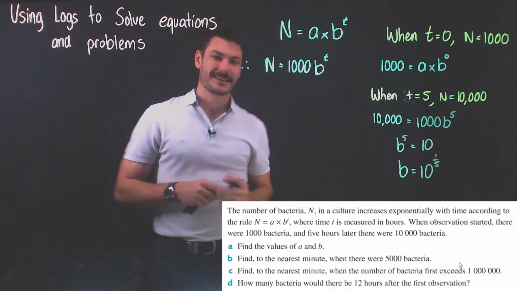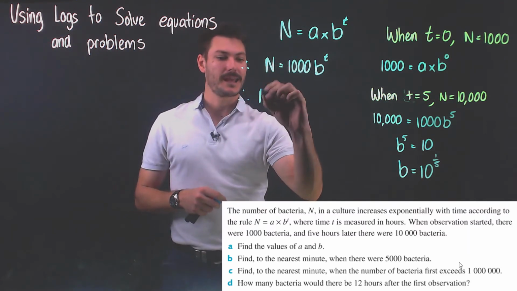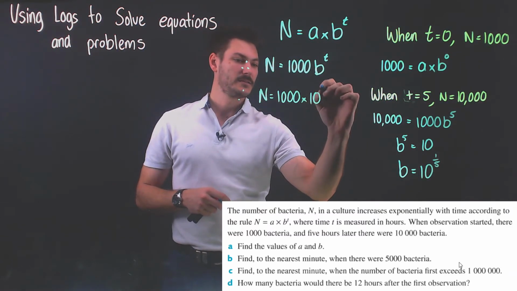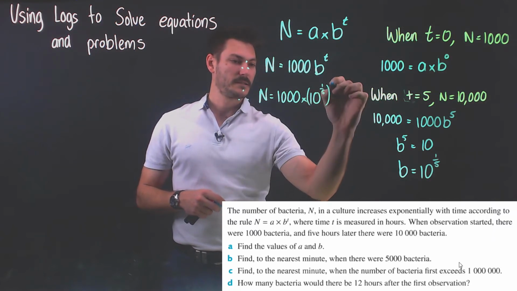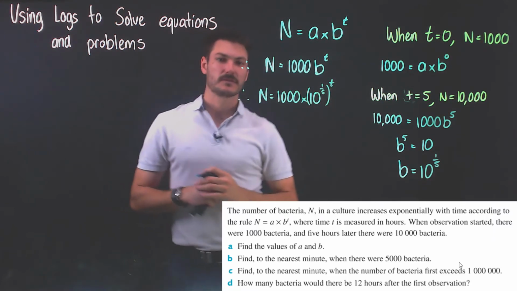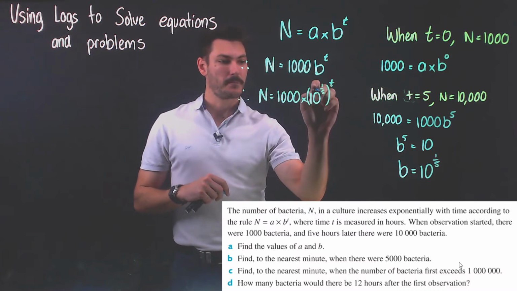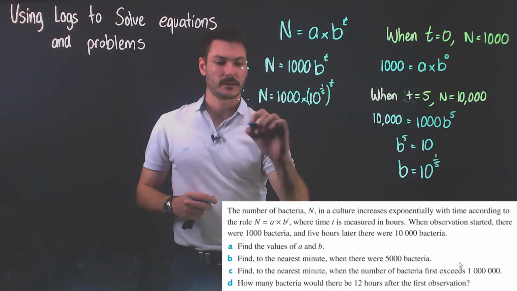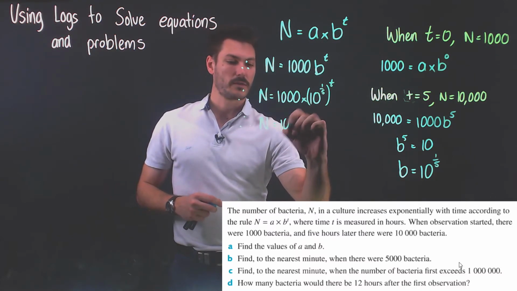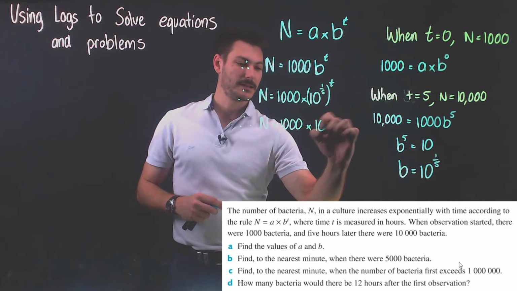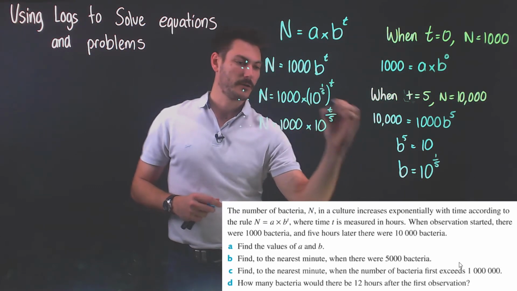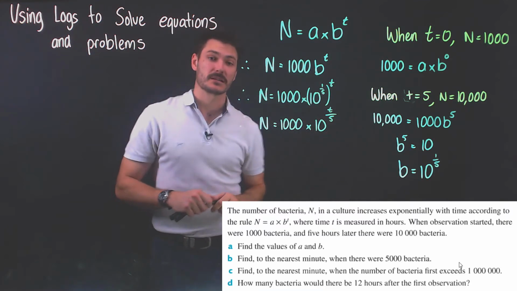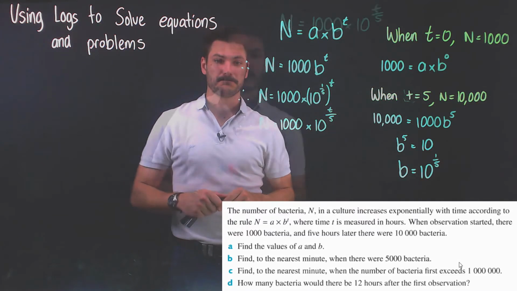And when I substitute that back into this equation, I'm going to therefore get N equals 1,000 times 10 to the power of a 5th to the power of T. And the reason I've left it as a 5th is because if we have a power being raised to another power, we can multiply those terms together and hence simplify this finally for part A to N equals 1,000 times 10 to the power of T on 5. T times a 5th is just T on 5. And this is, I think, my best expression for my population.